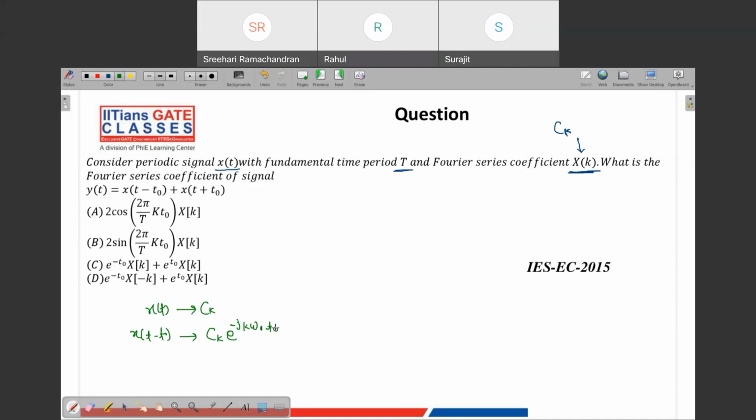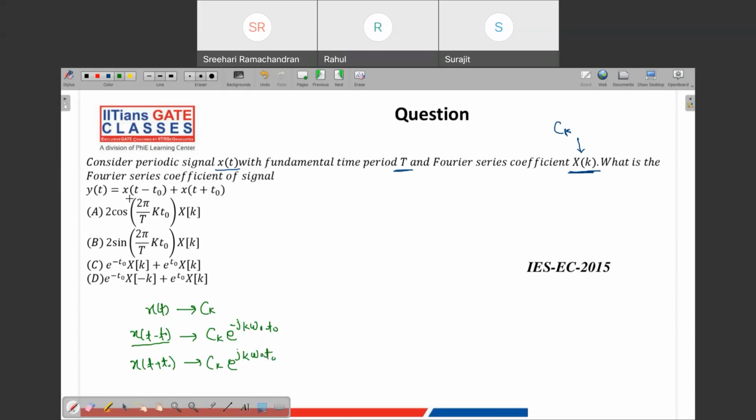This will be the Fourier coefficient of x(t minus t naught). We also have x(t plus t naught). For this one, the Fourier coefficient will be c_k e to the power j k omega naught t naught.